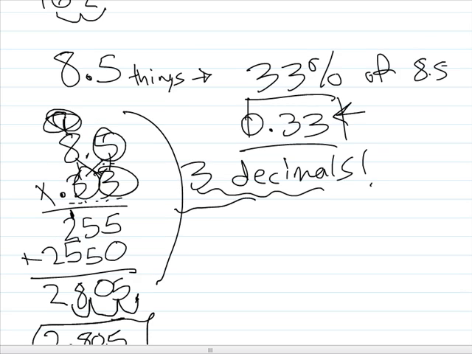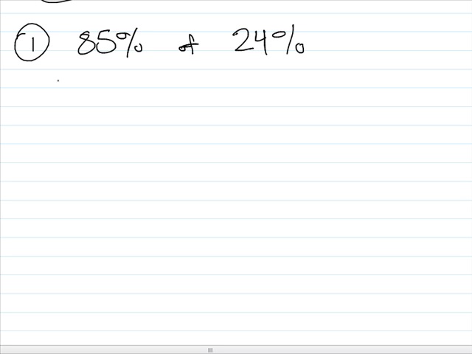Let's give you some practice. For the first practice one, I want to know what if you have 85%. What is 85% of 24? That's your first one. The second one is a little devious.